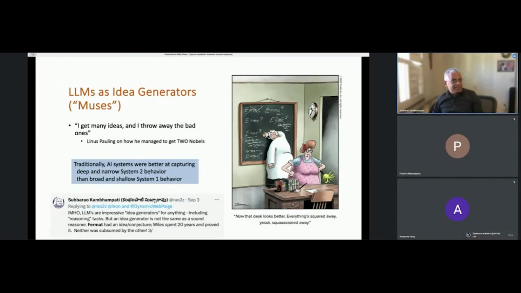LLMs are our first broad and shallow System 1, and you should be able to combine them. You can take the ideas that LLMs give and verify them, and if they're wrong, send them back to the LLMs, so that there's a bidirectional interaction of back prompting from the verifiers to LLMs. That would be a very sane use of LLMs.